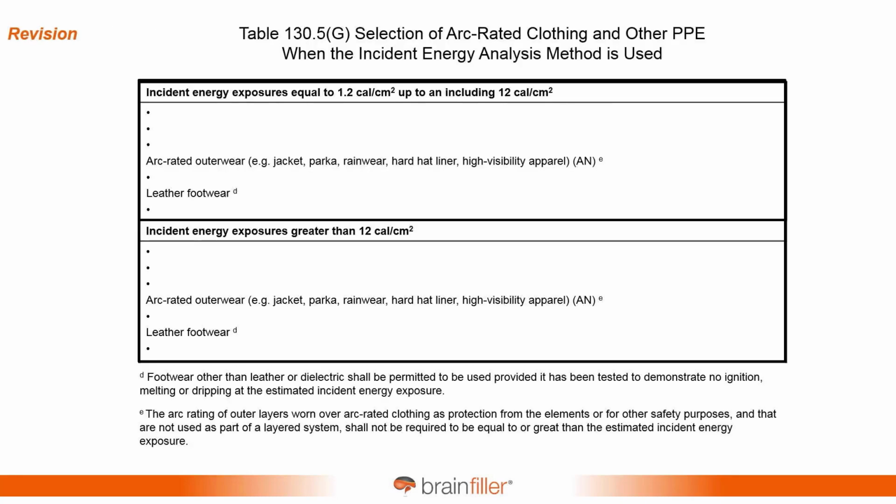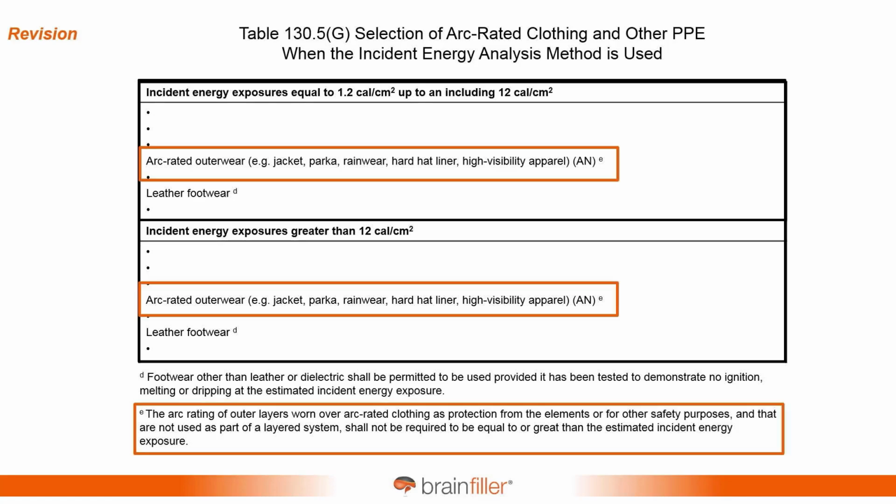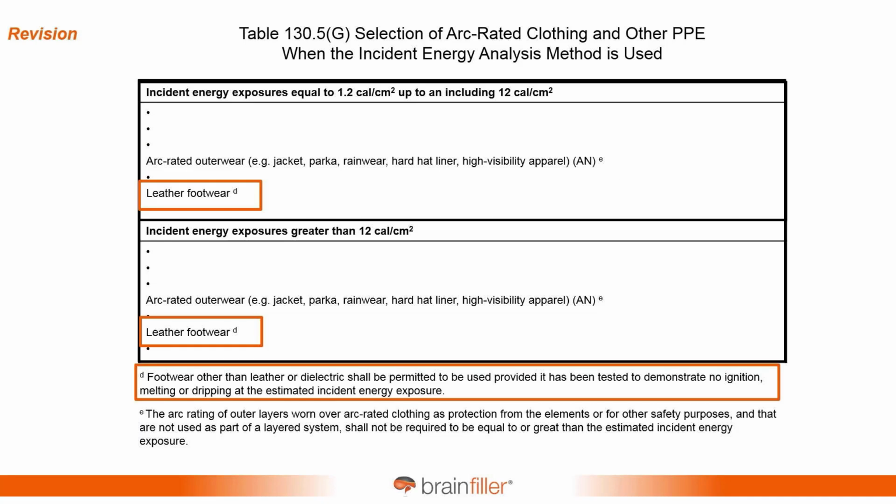Both of these have been added to the PPE table, 130.5(G). So there is now information about the outerwear, and there's a note down at the bottom, and there's also information about the leather footwear. And there's a note down at the bottom about wearing other types of footwear if it's been tested to demonstrate no ignition, melting, or dripping at the estimated incident energy exposure.